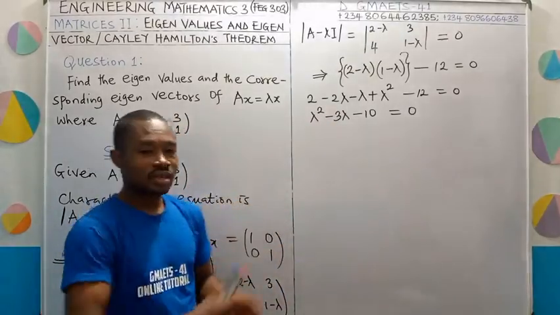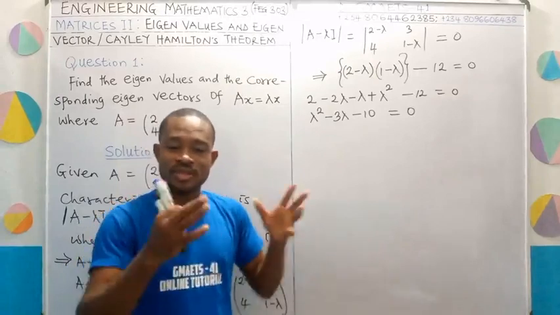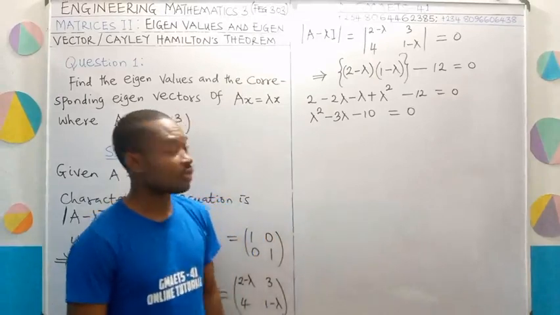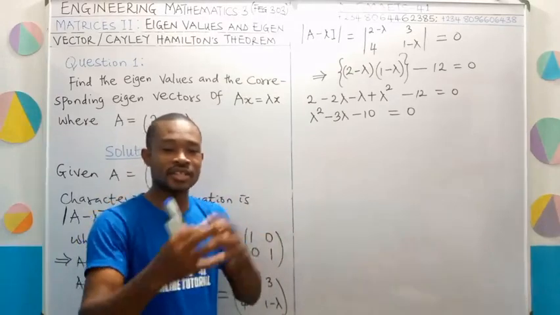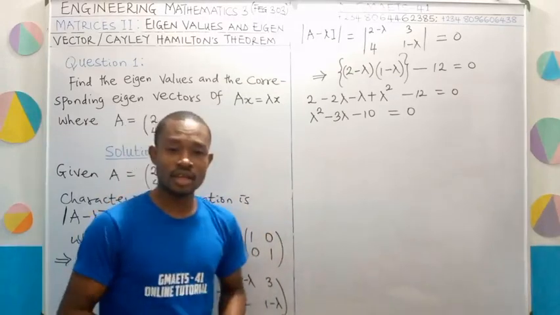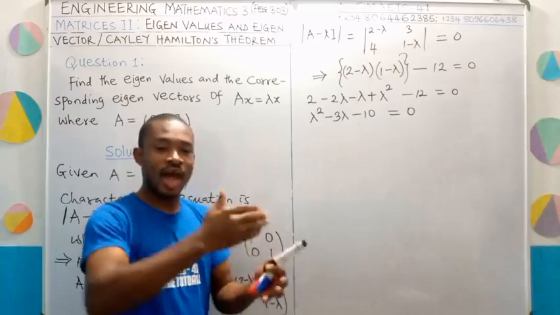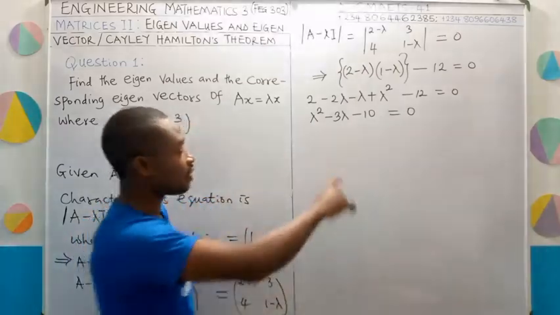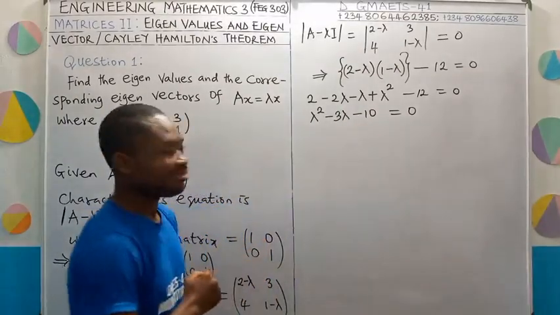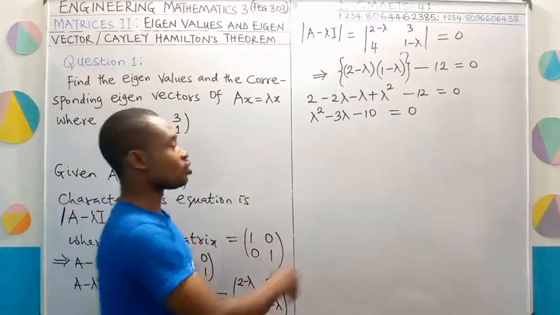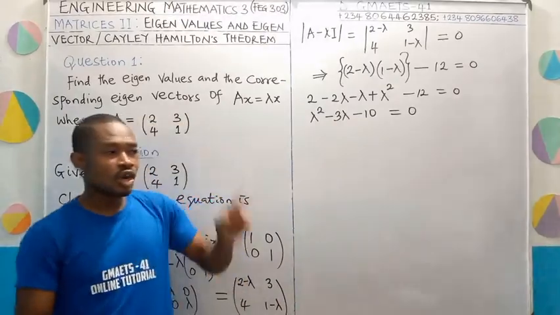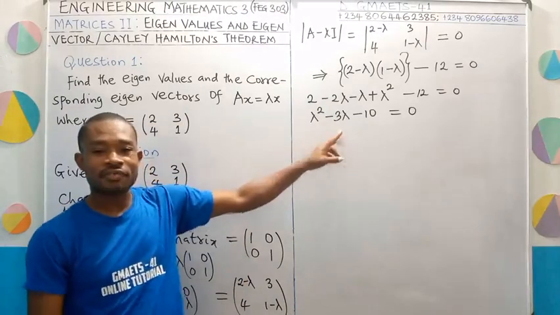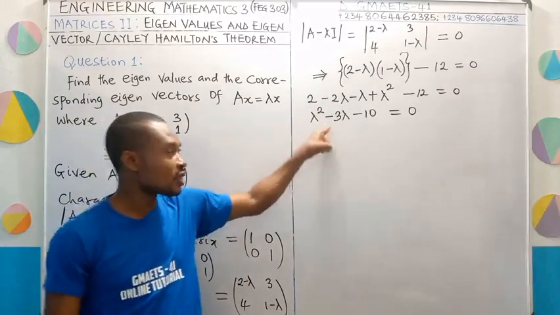And observing this, I guess 5 and 2 will be suspected as the numbers that can do that for us. What is now left is for us to think of how to arrange the signs of that 5 and 2. And clearly, if we have minus 5 and plus 2, minus 5 times plus 2 will give us minus 10, and then minus 5 plus 2 will give us minus 3. So that satisfies the equation. Now we know that minus 5 and plus 2 will solve this problem for us.